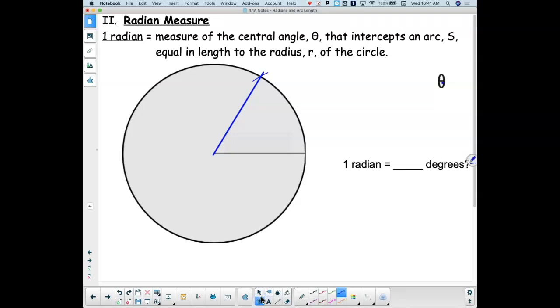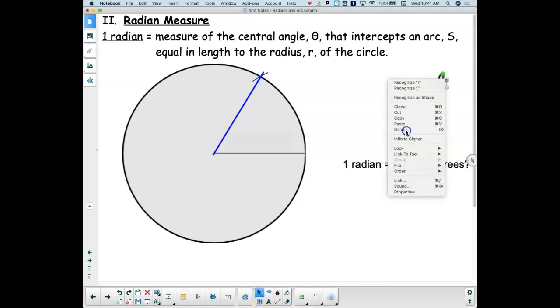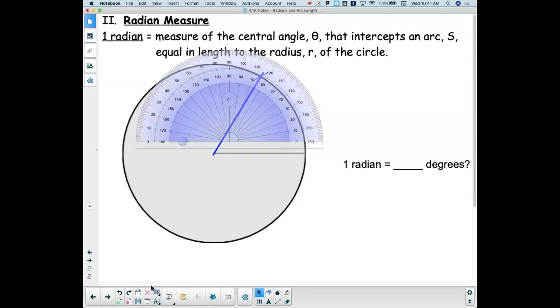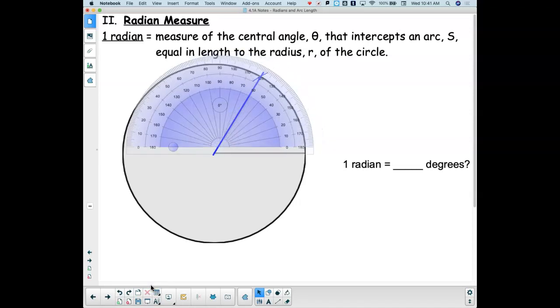I don't know why this extra theta is sitting over here. We'll get rid of that theta. Okay? So that angle measure, now let me see if I can get it protract. Oh, there it is.